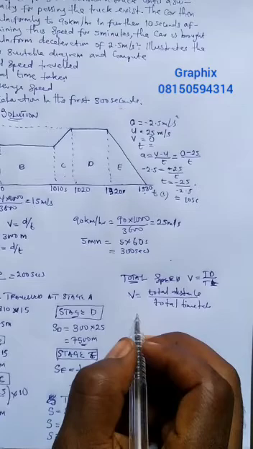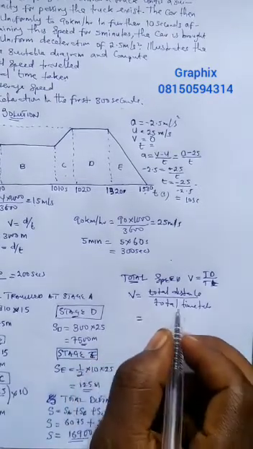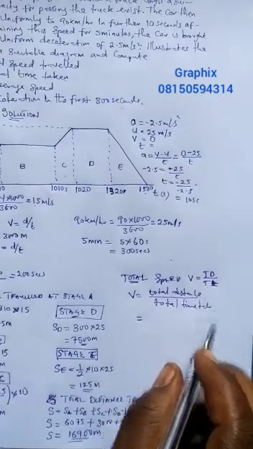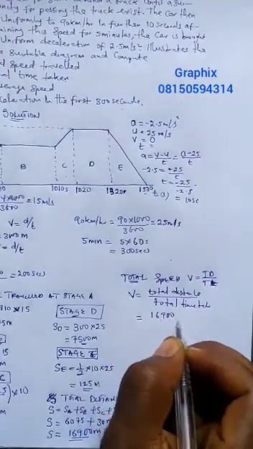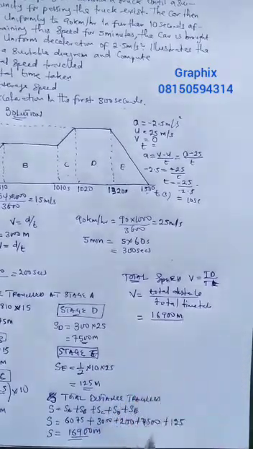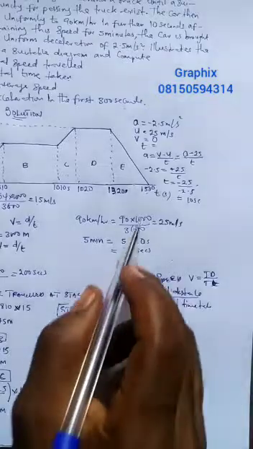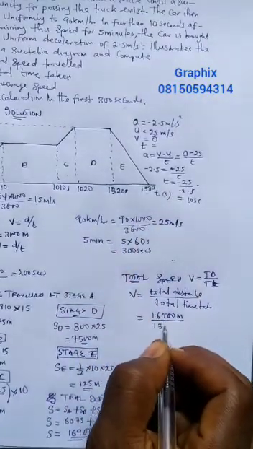So the total distance here is giving us 16900 meters all over the total time taken, that is 1330.